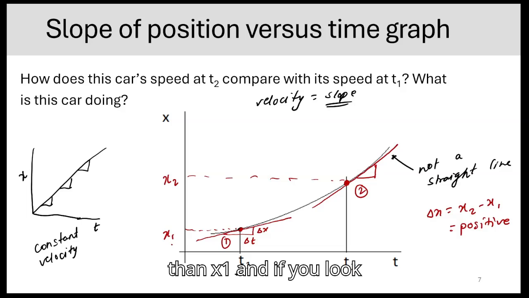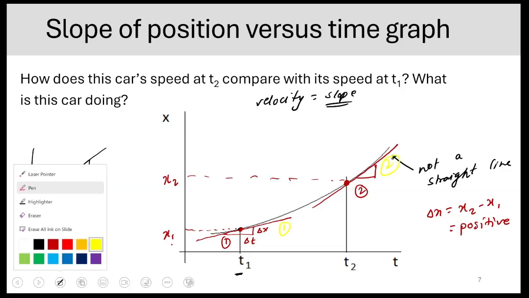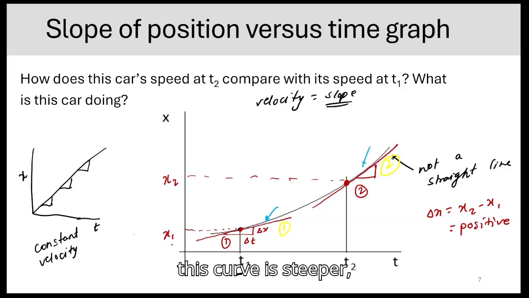And if you look at the slope of these two tangents, 1 and 2, we can see that this curve is steeper, meaning the velocity increases.